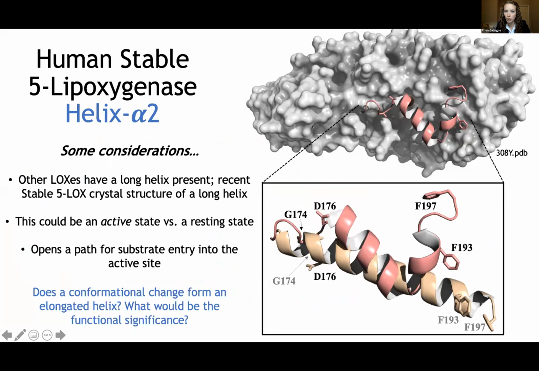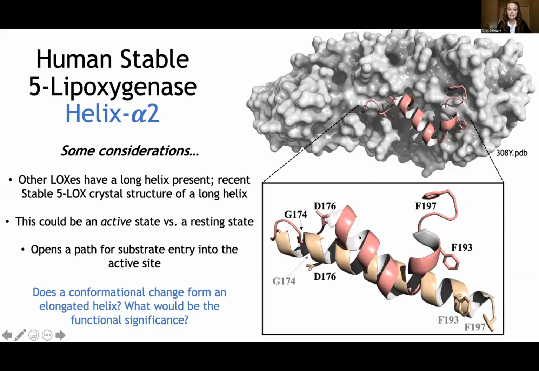The global structure is the published structure for stable 5-LOX with helix alpha 2 emphasized in pink. And then in the box, you see the broken helix overlaid with a gold helix with an alternate conformation for these residues. This alternate structure gave us the idea that 5-LOX could exist in an active state and a resting state.